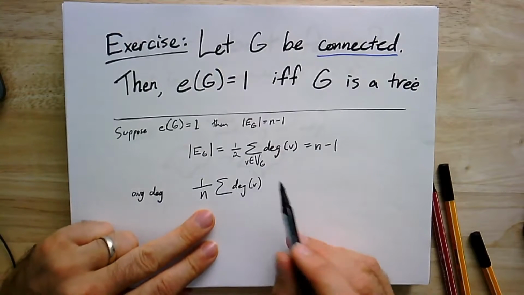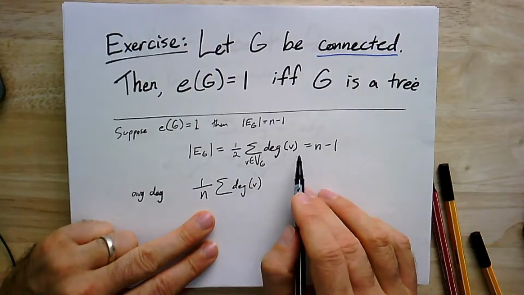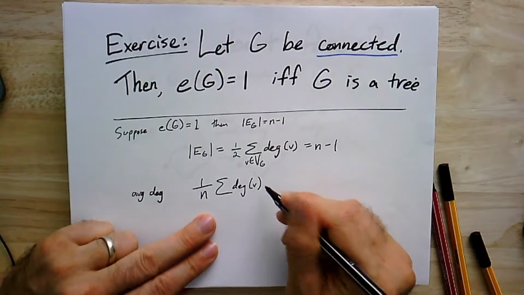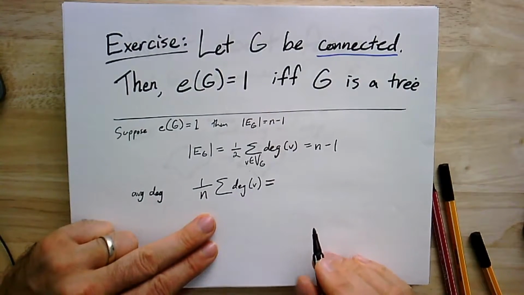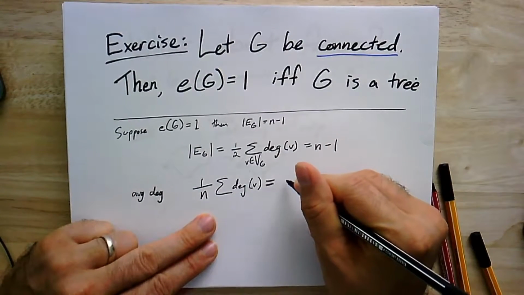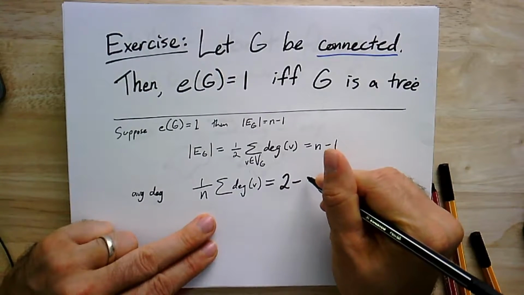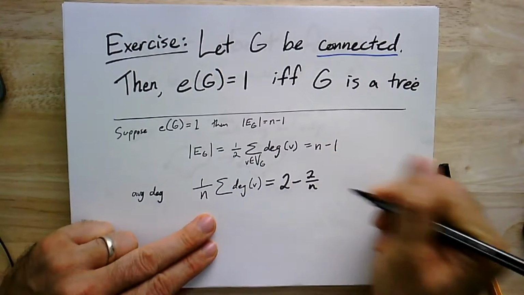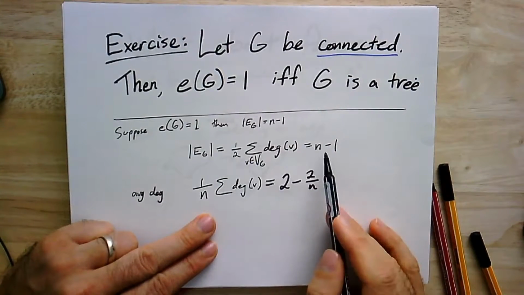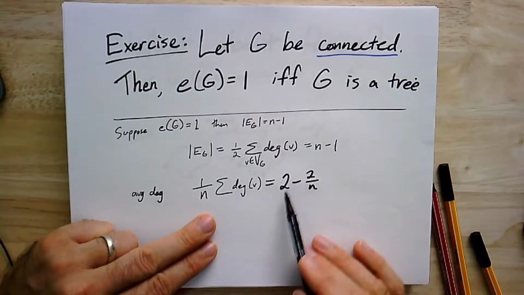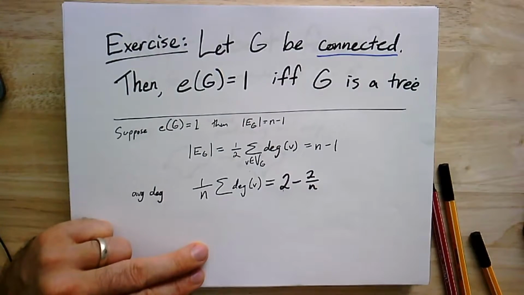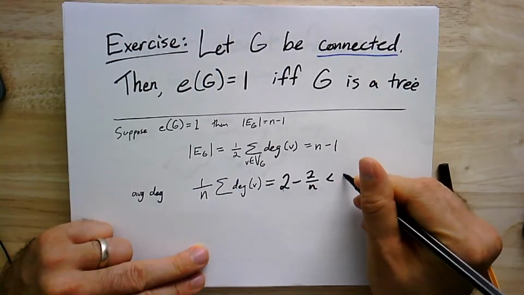That means that the average degree, which would be 1 over n times the sum of the degrees, that's how you compute an average, would be 2 minus 2 over n, right? Because I've moved the 1/2 over and I divide by n. So I got (2n minus 2) divided by n, which is strictly less than 2.